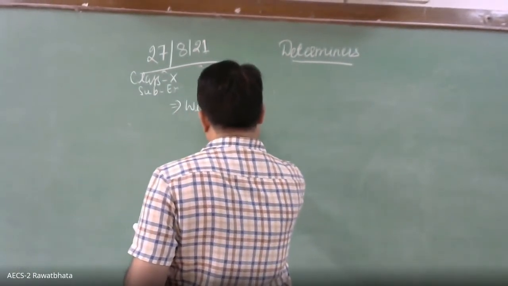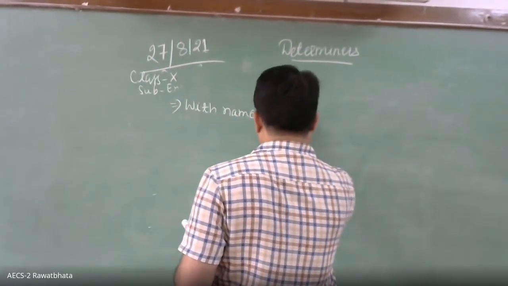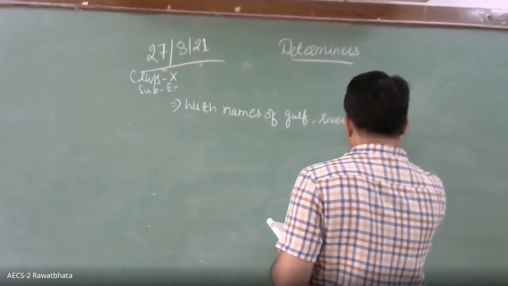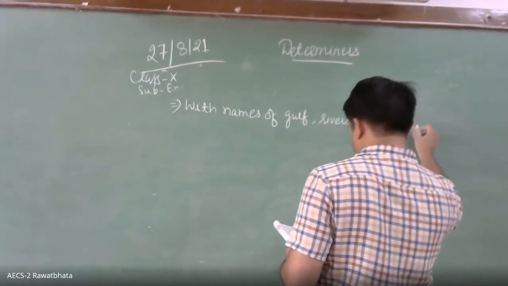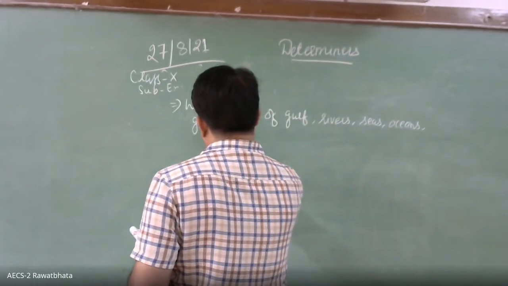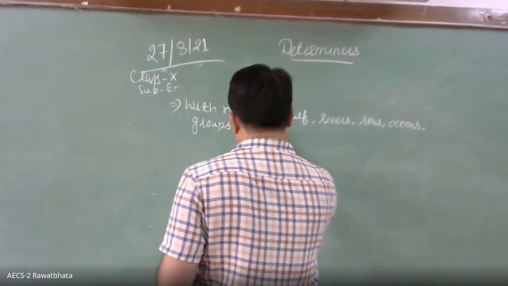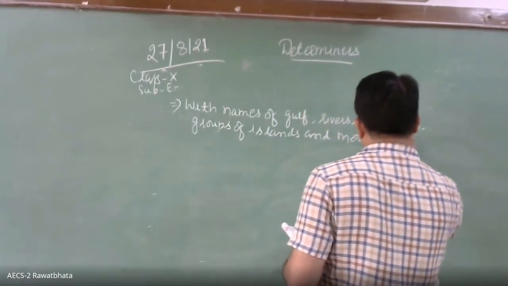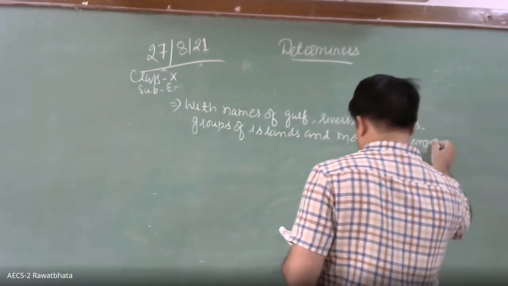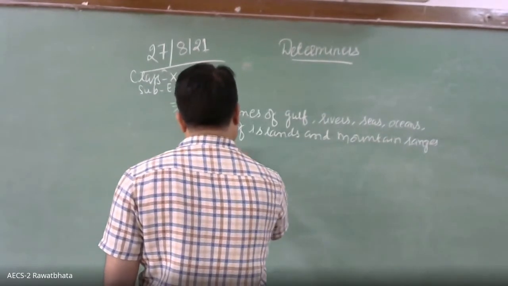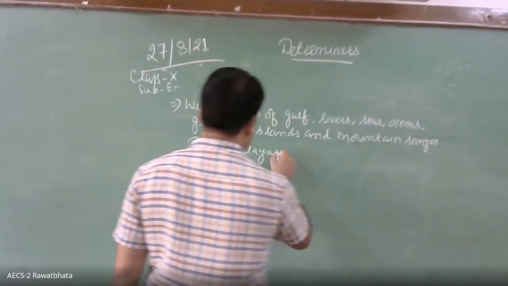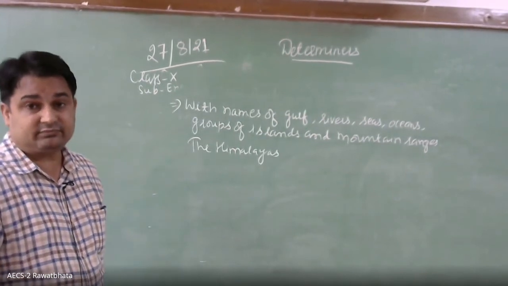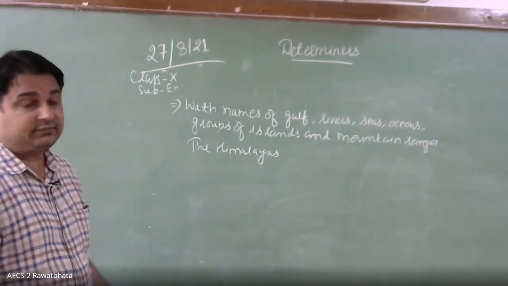With names of Gulfs, rivers, seas, oceans, groups of islands, and mountain ranges: the Himalayas, the Everest, the Bay of Bengal, the Pacific Ocean, the Nile, the Ganga, the Yamuna.